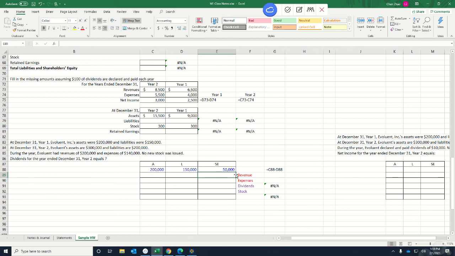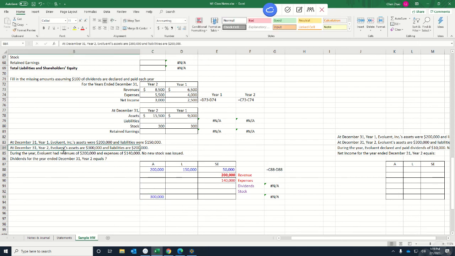Okay, so what is the revenue here? 200,000, right? Expenses? And then dividends? We don't know. But let's go back and figure it out. The new year's assets are 300,000.